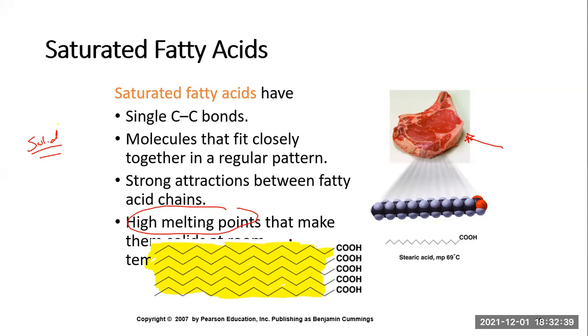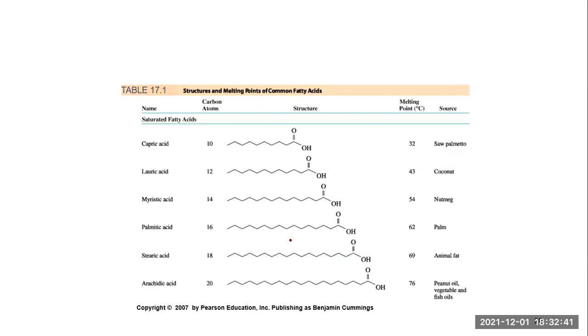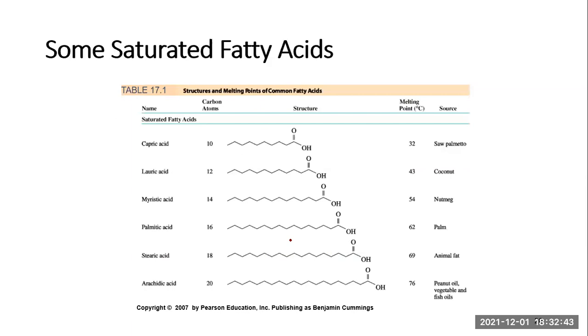So here's a table of some saturated fatty acids. And you can see these all have single bonds as you go across. That means they're all going to interact well with each other. They're going to fit in with each other. And we do see relatively high melting points because of that. And they're typically solids at room temperature.